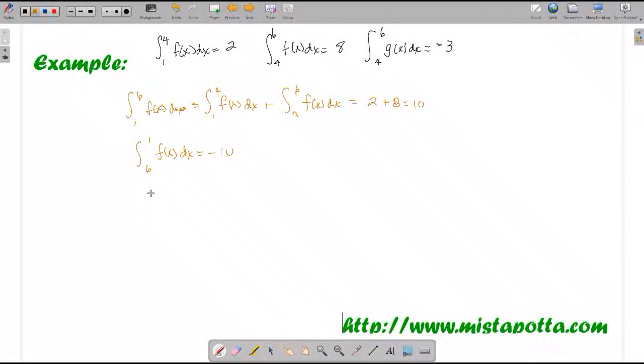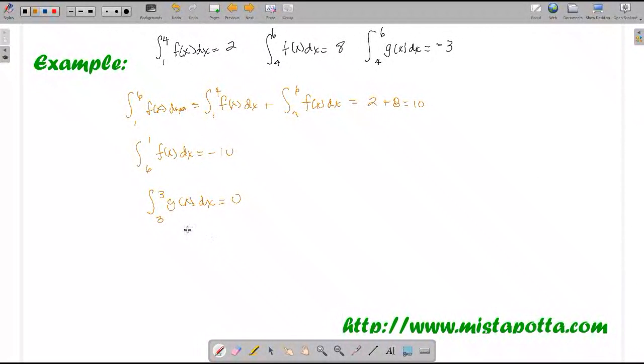If I want to know the integral from 3 to 3 of g of x, even though I don't know anything about g of x except what's happening between 4 and 6, because these values here are the same, I know that that integral should be 0.